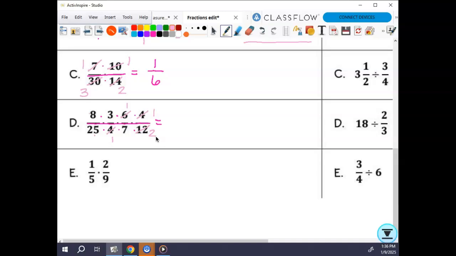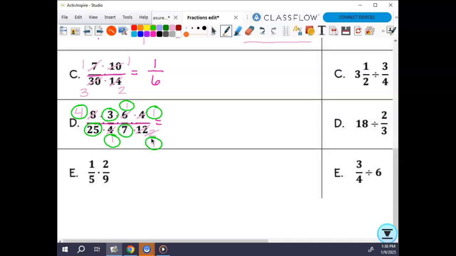So now 2 goes into 2 once, goes into 8 4 times. Circle them so we don't lose them. My 1 and my 1. And the denominator has 25, 1, 7, and 1.